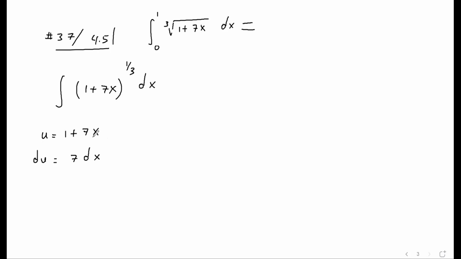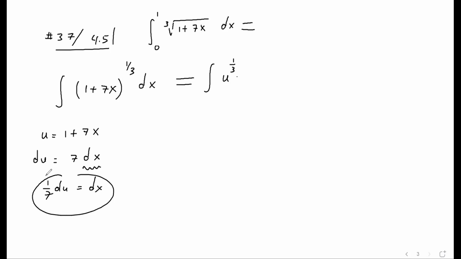So over here we have the antiderivative of 1 plus 7x to the 1/3. That's going to be the antiderivative of u to the 1/3 times dx. We solve for dx: dx is 1 over 7 du.